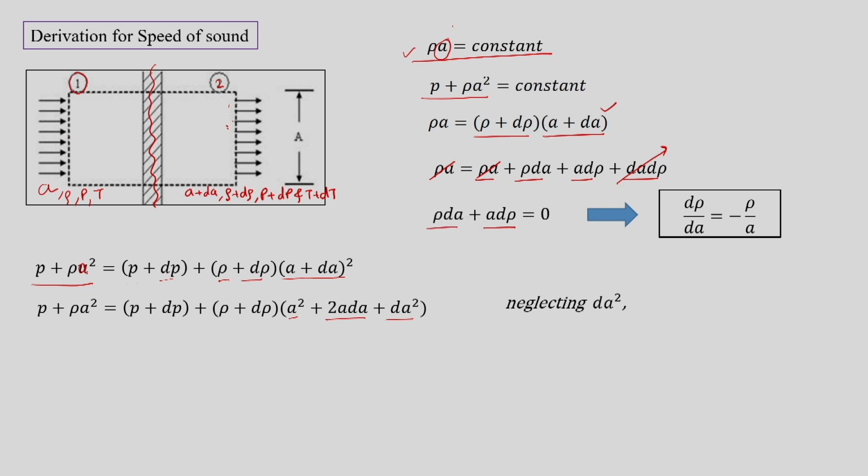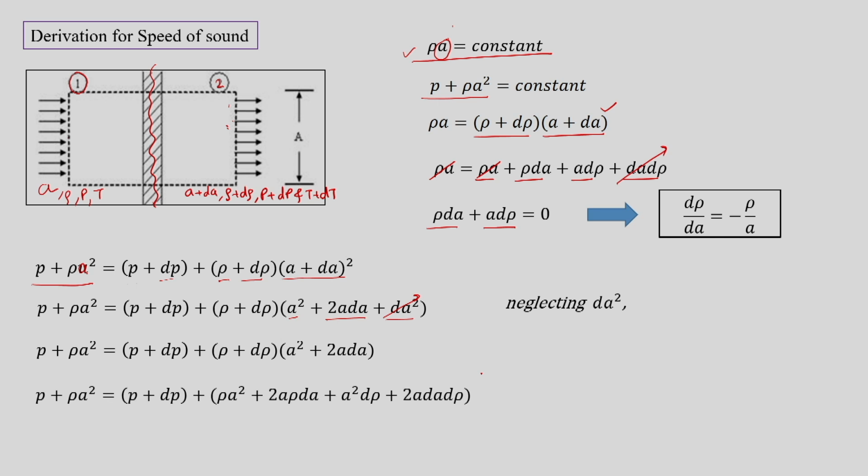Now, as neglected in the earlier case, dA itself is a small quantity, so dA square will be even smaller. Let us neglect that, and then we can write down the same expression without dA square.